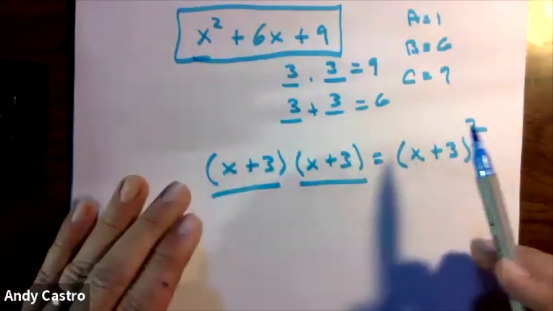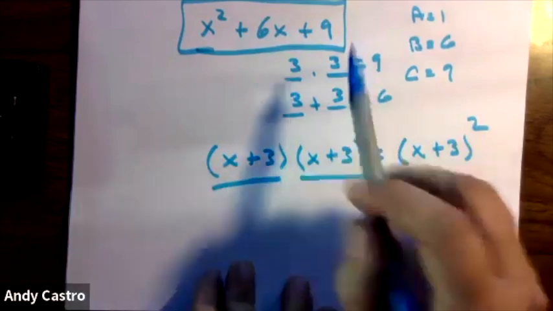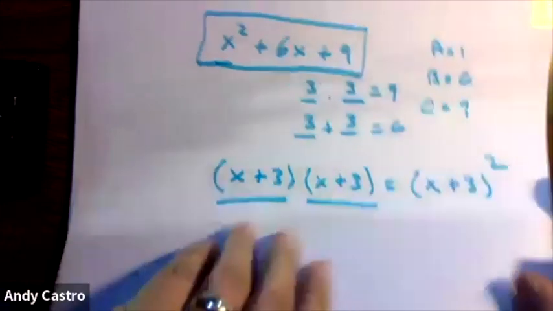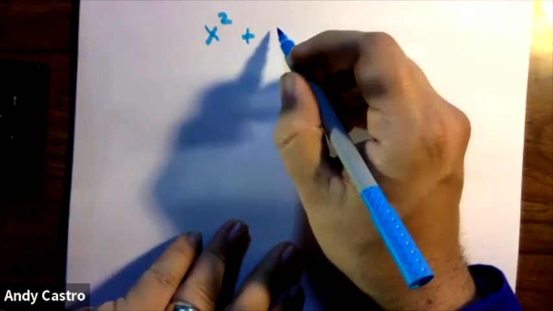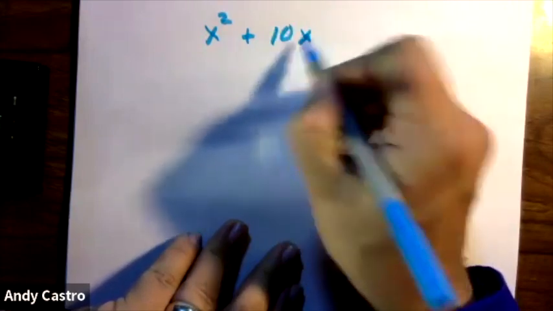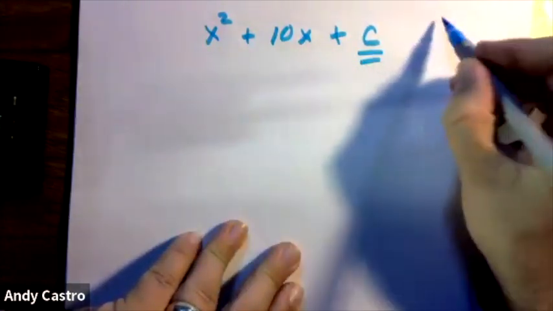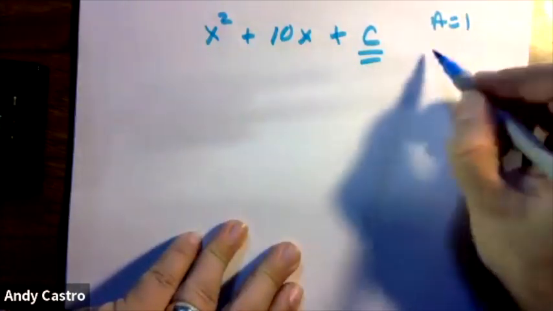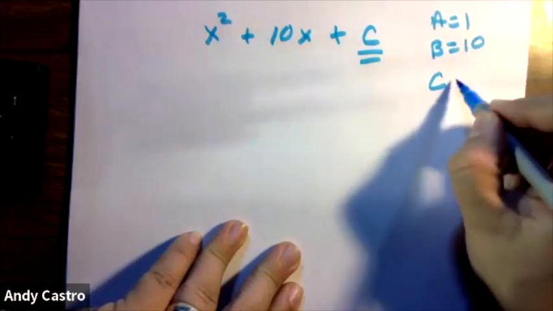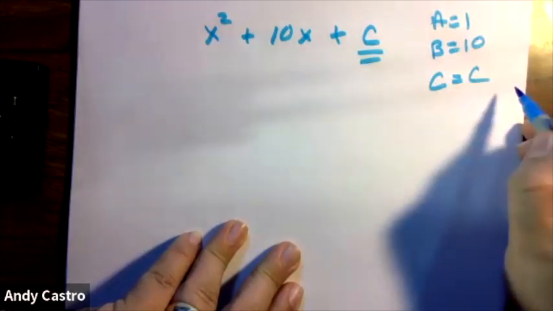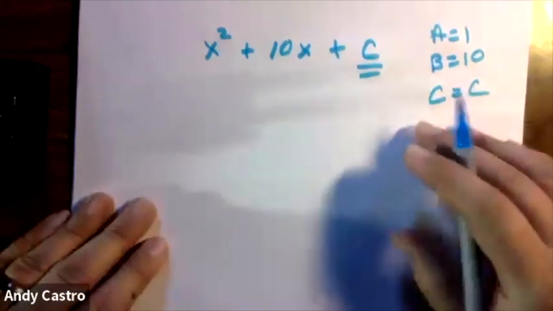So when we talk about completing the square, what we mean is we have x squared, let's say plus 10x, and then we're going to look at plus c. Okay, so this is the c. Obviously, your a is 1, your b is 10, and then your c doesn't have anything. It's just c. We're trying to figure out what c is.